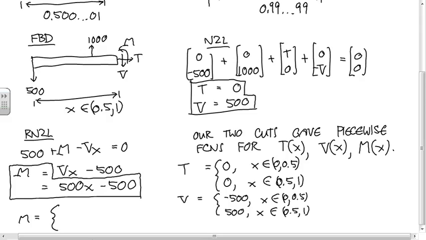Negative 500x for x values between 0 and 0.5, and 500x minus 500 for x values between 0.5 and 1.